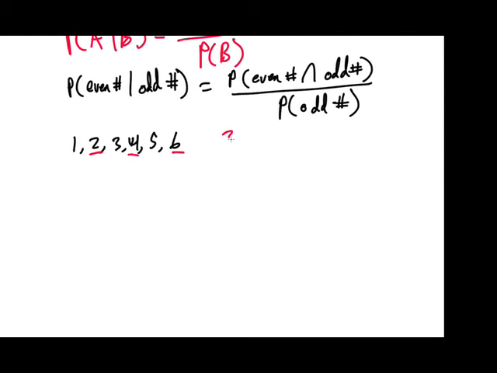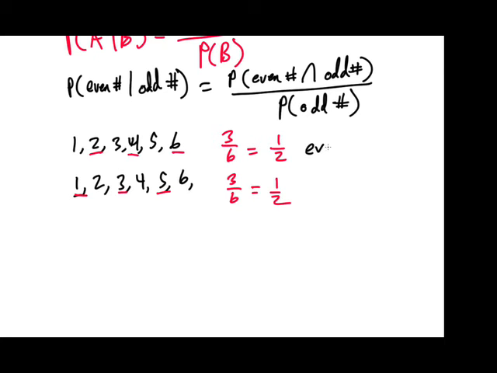So this means that you have 3 out of 6 numbers, which is equal to 1/2. Here is 1, 2, 3, 4, 5, 6. And for your odd, 1, 3, and 5. So this one will also give you 3 out of 6, which equals 1/2.